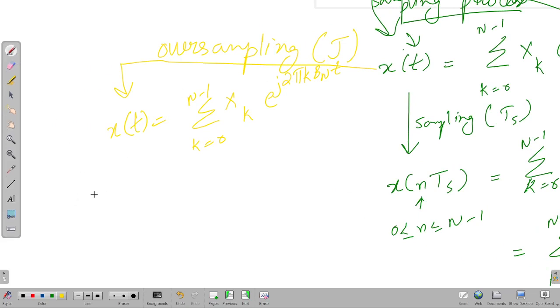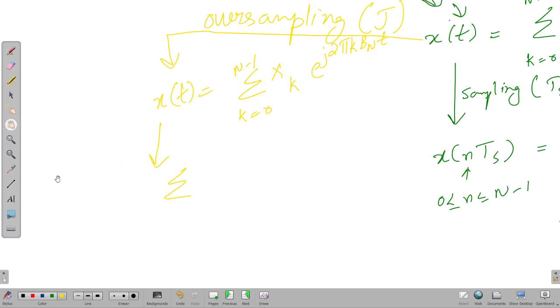And now I'm oversampling by a factor J, which means instead of t, I will have n into Ts by J. x of n Ts by J equals the summation k equal to 0 to N minus 1 of Xk e raised to j 2 pi k Δf t.